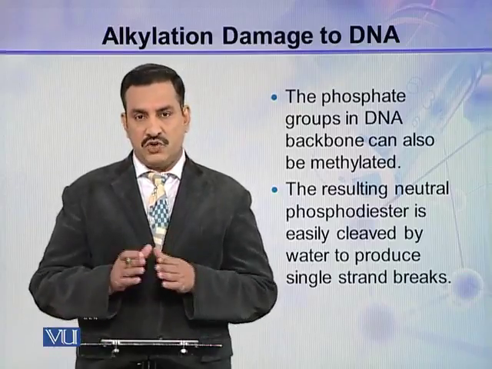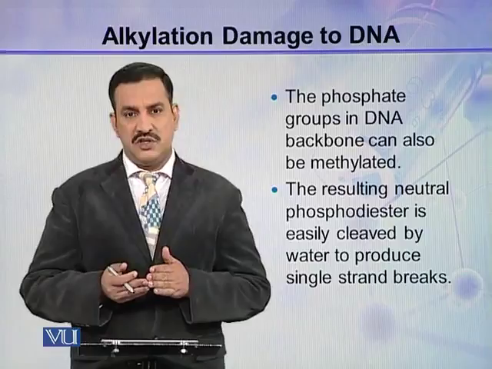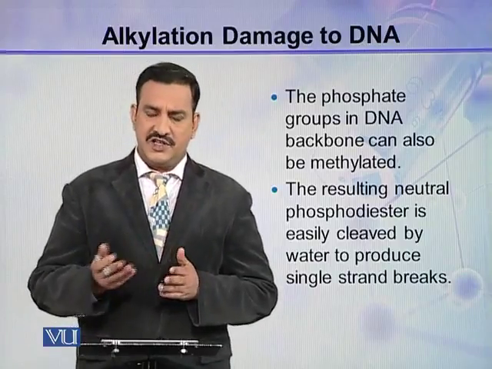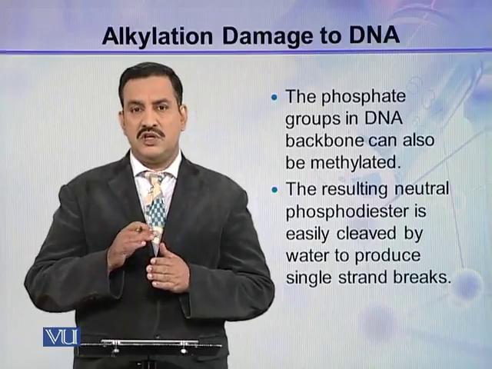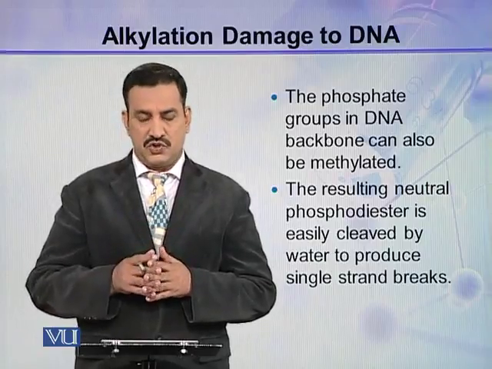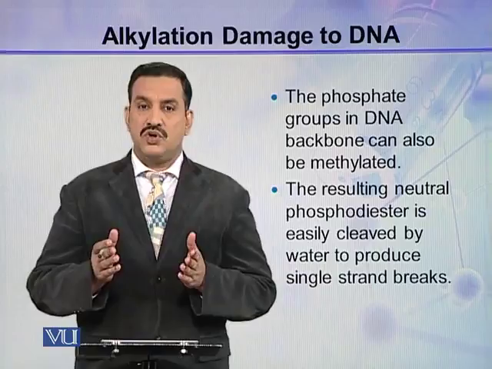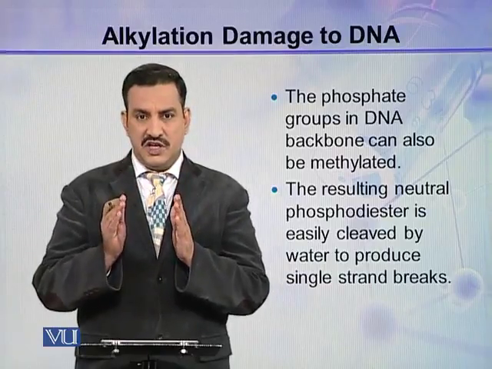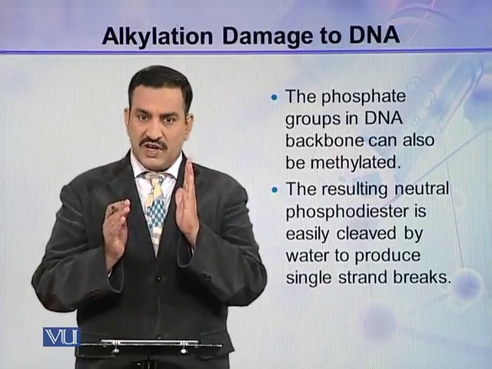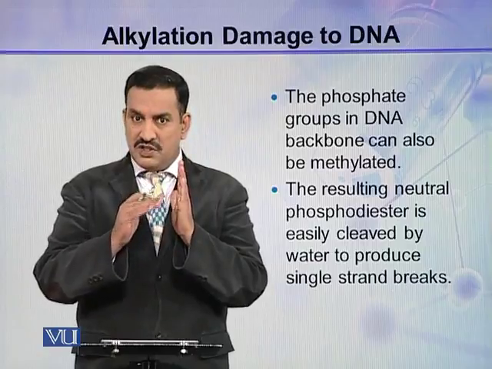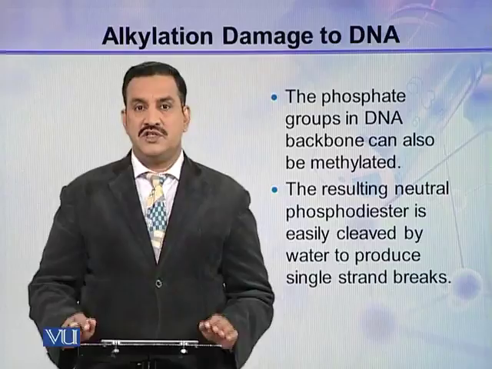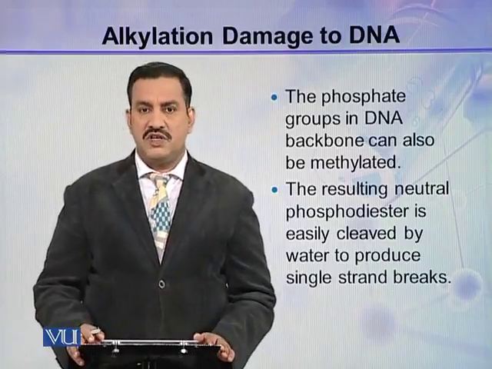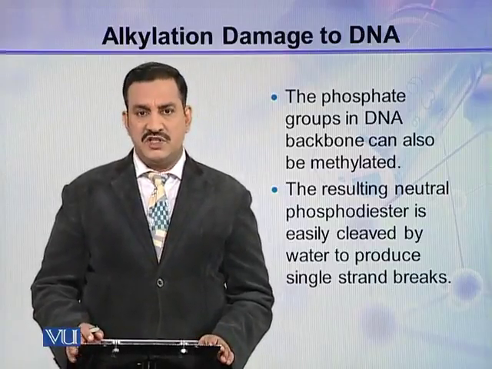So if these phosphate groups are methylated by these alkylating agents, it will lead to the cleavage of the phosphodiester bond. You know there are two strands in DNA, so if one phosphodiester bond is broken, there will be a single strand break, and this single strand break is comparatively easy to repair.